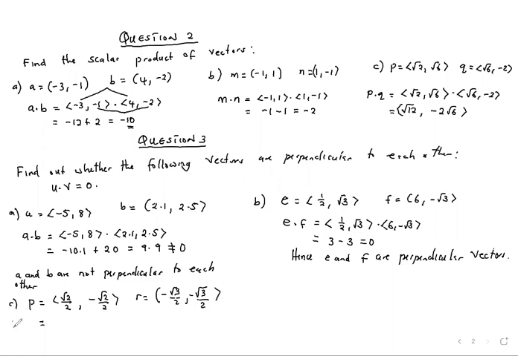This is going to be, when we do P dot R, we'll be doing (√2/2, -√2/2) dot (-√3/2, √3/2), which is equal to -√6/4 plus -√6/4... which is equal to 0.